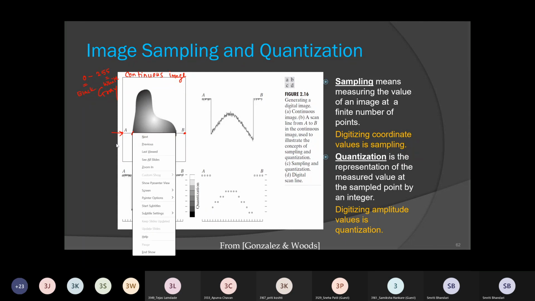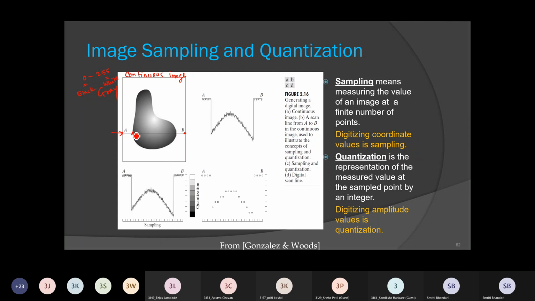Now if I begin from this point A and reach this point, which belongs to the object, these values are white pixels. Let us assume I have the intensity value 255 here. So beginning from point A till this point, I have the same values, 255.